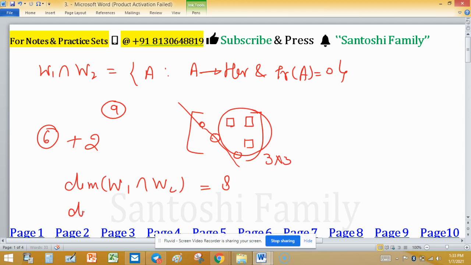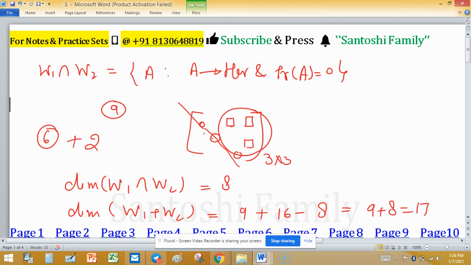So the dimension of the sum W1 plus W2 equals the dimension of W1, which is 9, plus the dimension of W2, 16, minus the dimension of the intersection, 8. So the dimension is 9 plus 8, equal to 17. Remember this point: these circle entries are real entries.